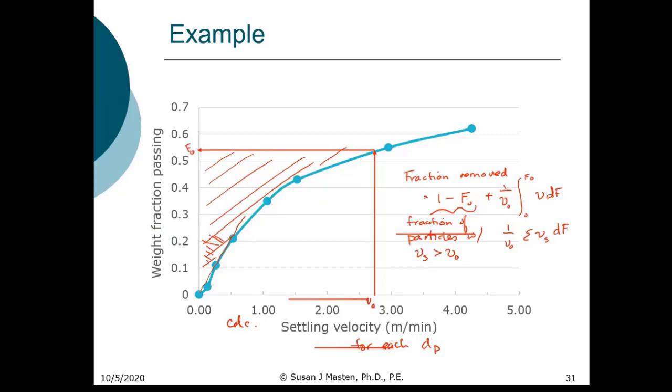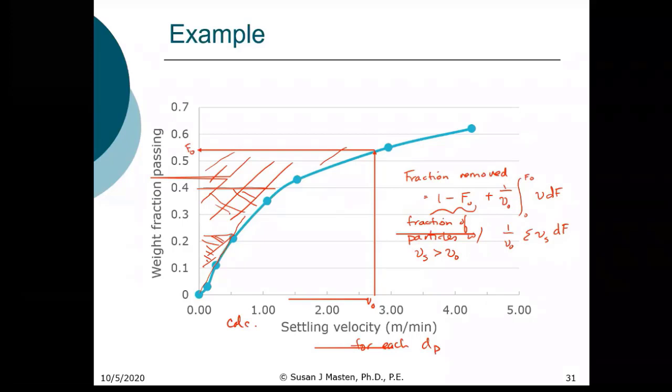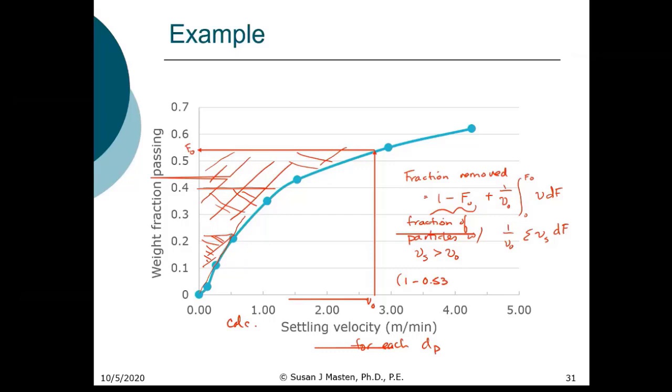Then we can estimate the area of this area here. So you can sequentially estimate the areas under this curve right here. And if we do that, this corresponds to 1 minus 0.53.